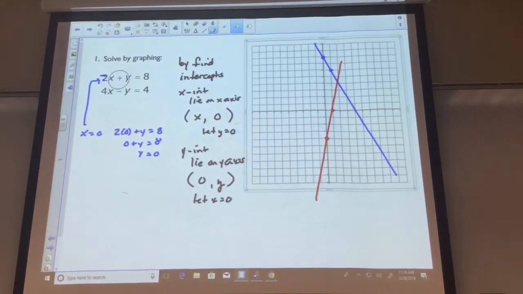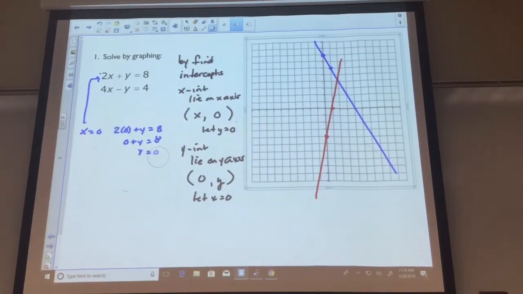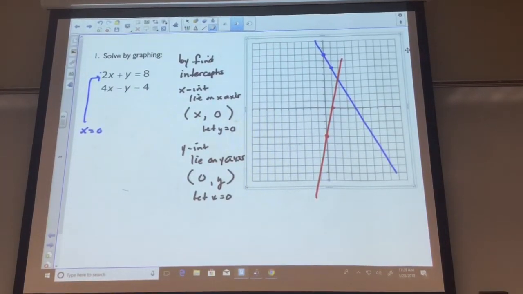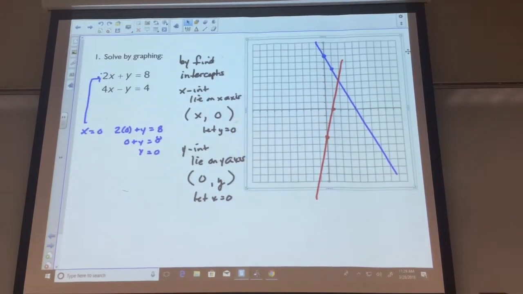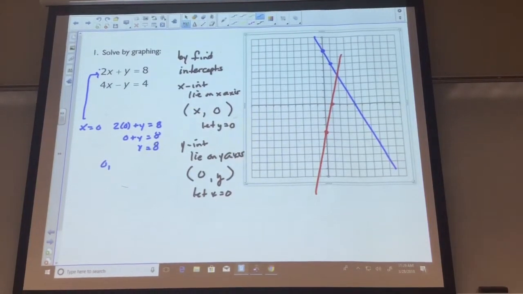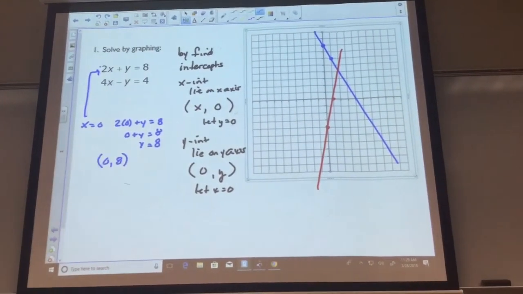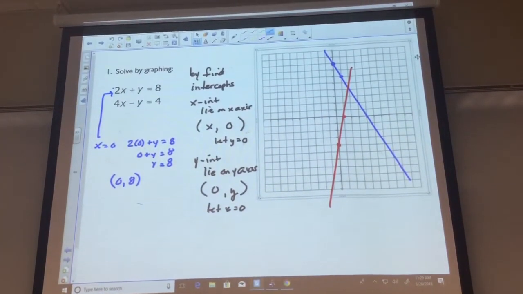So it's almost something that you could do without all these individual steps. If x is equal to 0, I know I'm coming up with a y value that's going to be equal to 8. And that's still the same point that I got by doing the slope-intercept form, isn't it?